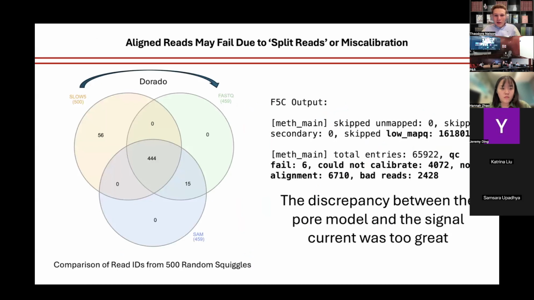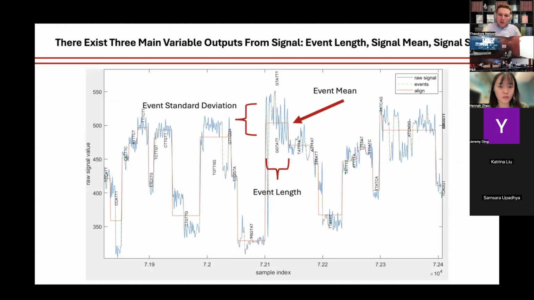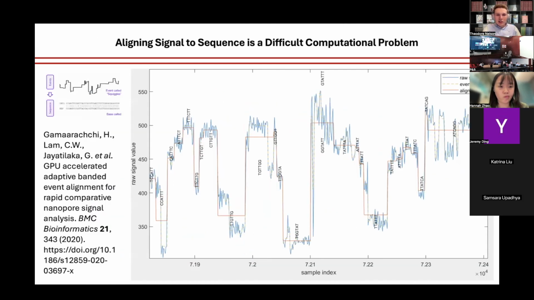So there are a couple of questions as to why aligned reads may fail when you undergo this signal to sequence conversion. If you have a signal and it did get base called into a sequence, will it always be the case that you can realign the original signal to that sequence?